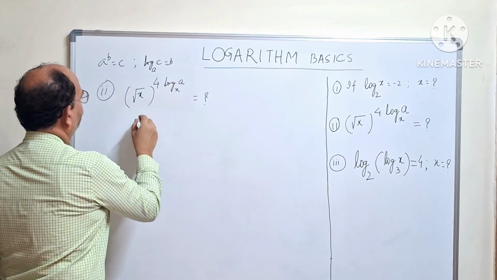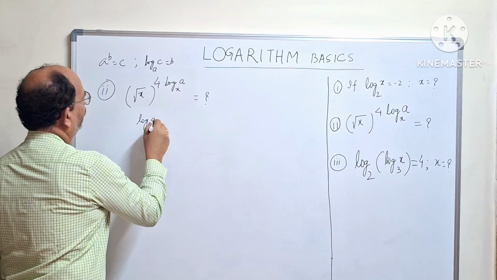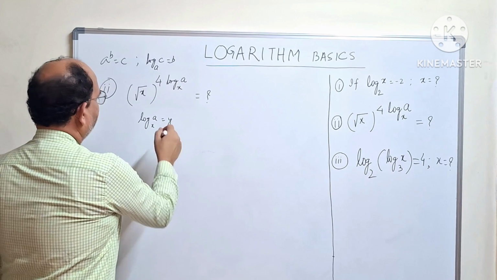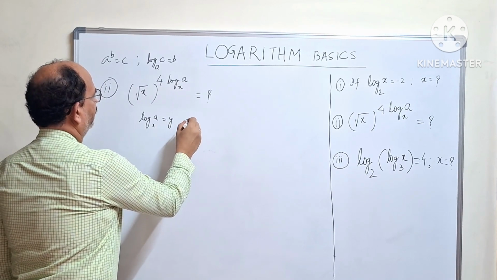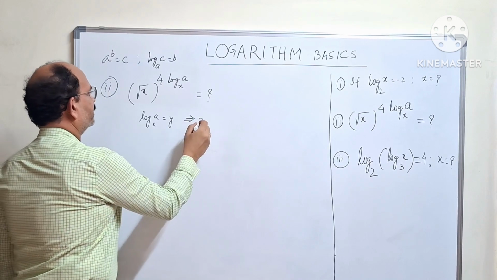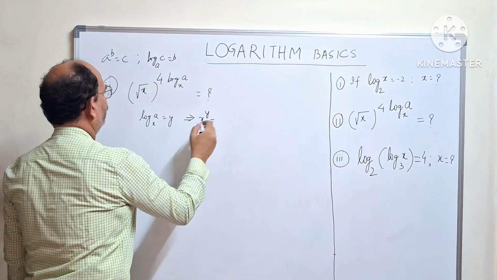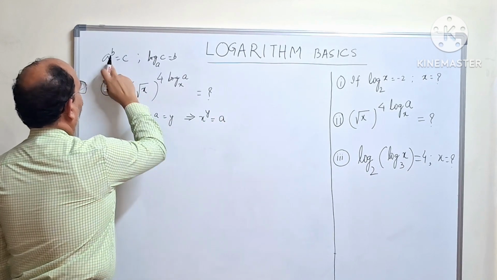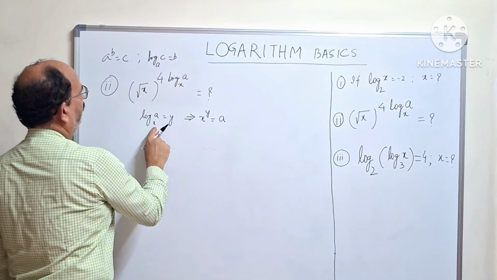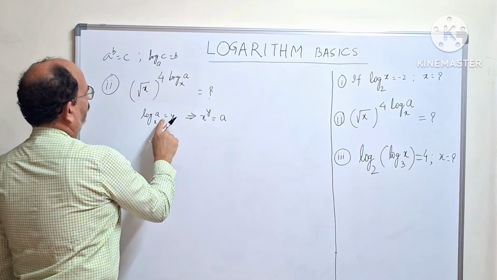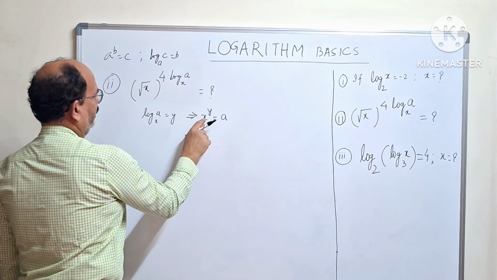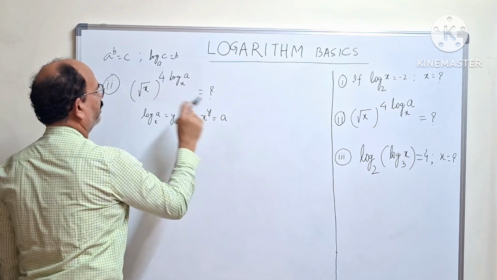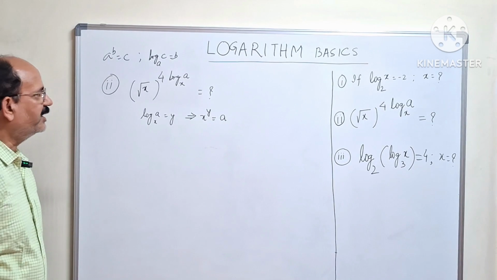Let's assume that log of a base x is equal to y. If that is the case, then can we write that x to the power y will be equal to a? Since a to the power b is equal to c, x to the power y equals a. We can write that.